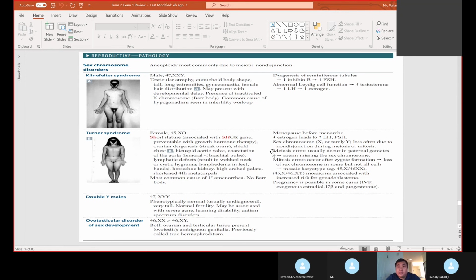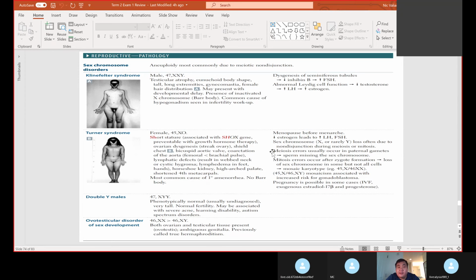So, let's summarize. What do you need to know? High yield: Klinefelter and Turner. Klinefelter, male, 47XXY. They're not going to say Klinefelter, they're going to say 47XXY. Know the signs and symptoms. Eunuch. Know what happens in the labs: increased FSH, increased estrogen.